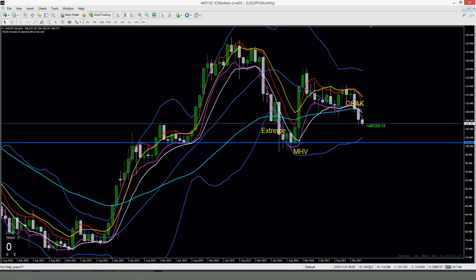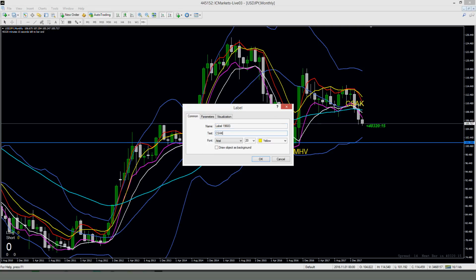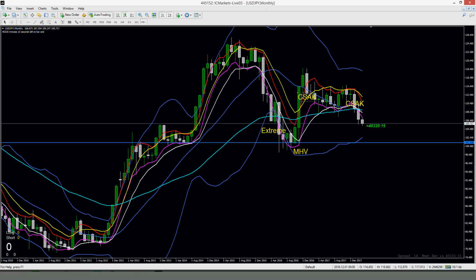You have an MHB and you have candlestick Arafuku over here. However, after this candlestick Arafuku, it goes down for a pullback, so you have a re-entry buy over here.